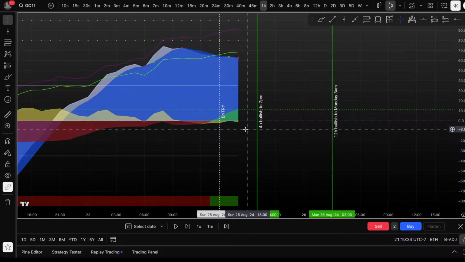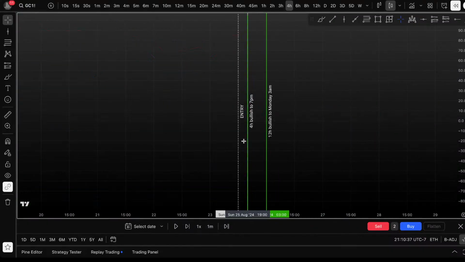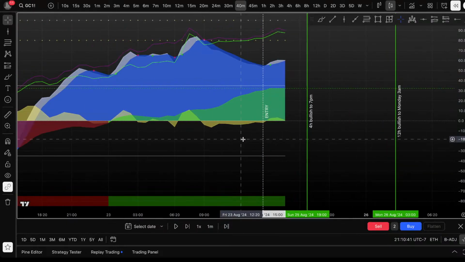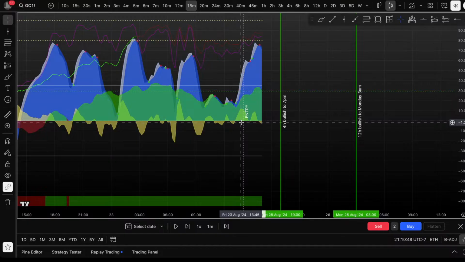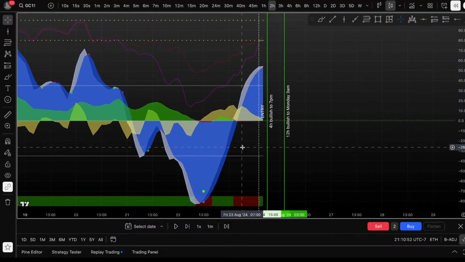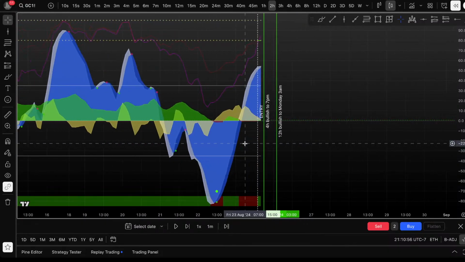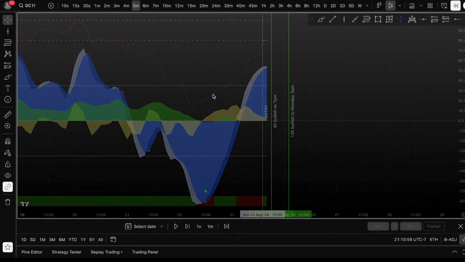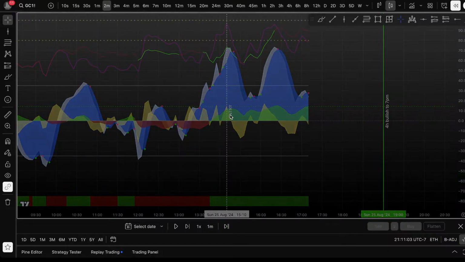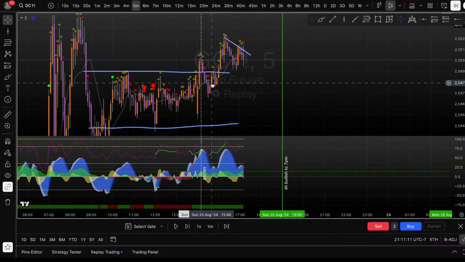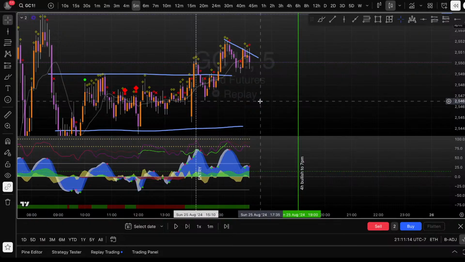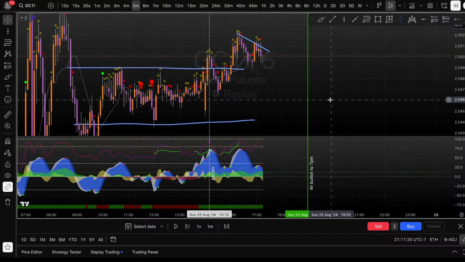So to 7 p.m., we're still bullish to 7 p.m. Need to see these lower time frames get back at some control here.